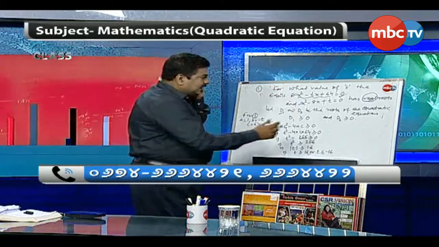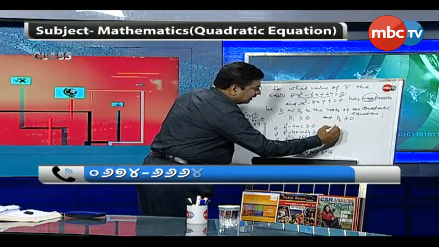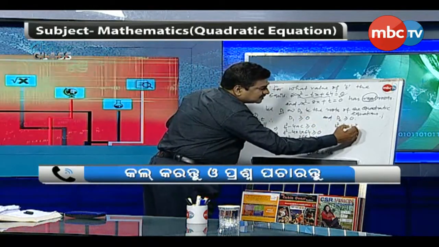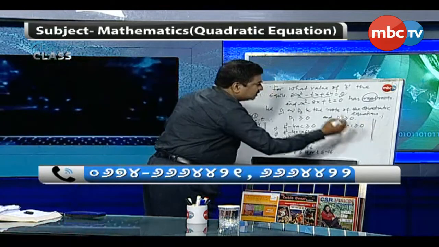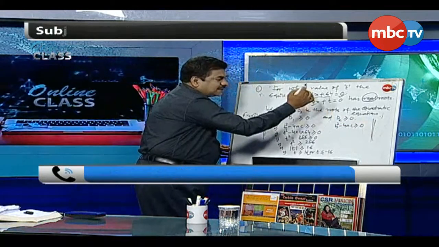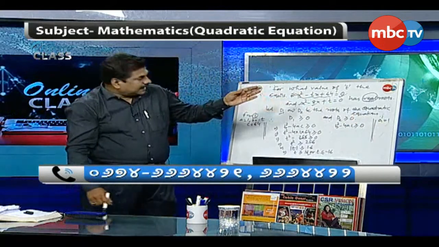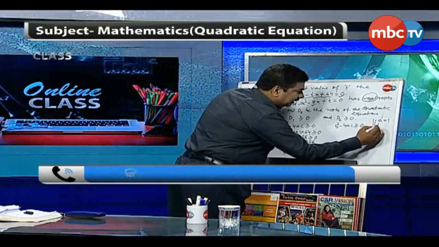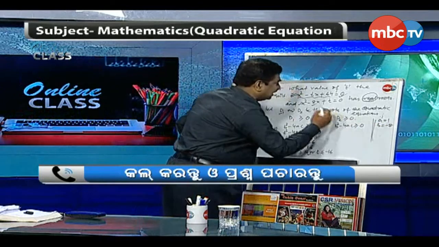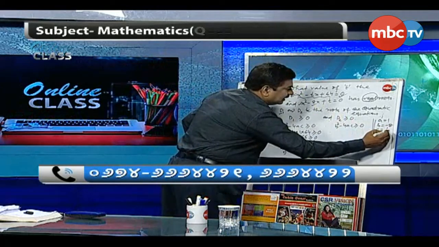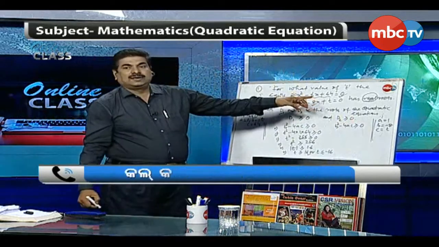Here you see, in the second case, b square minus 4ac is greater than or equal to 0. In the second equation, what will be the value of a? a equals 1, b equals minus 8, and c equals t.